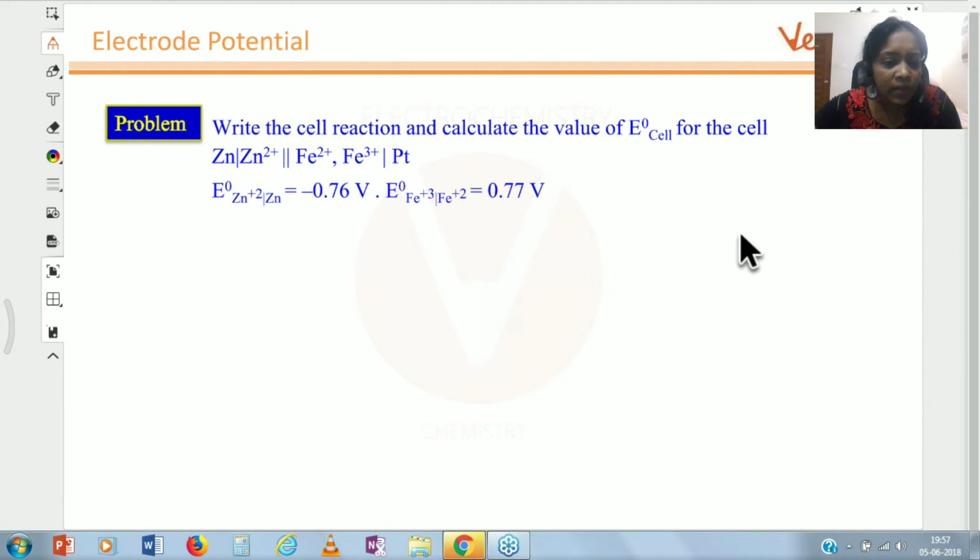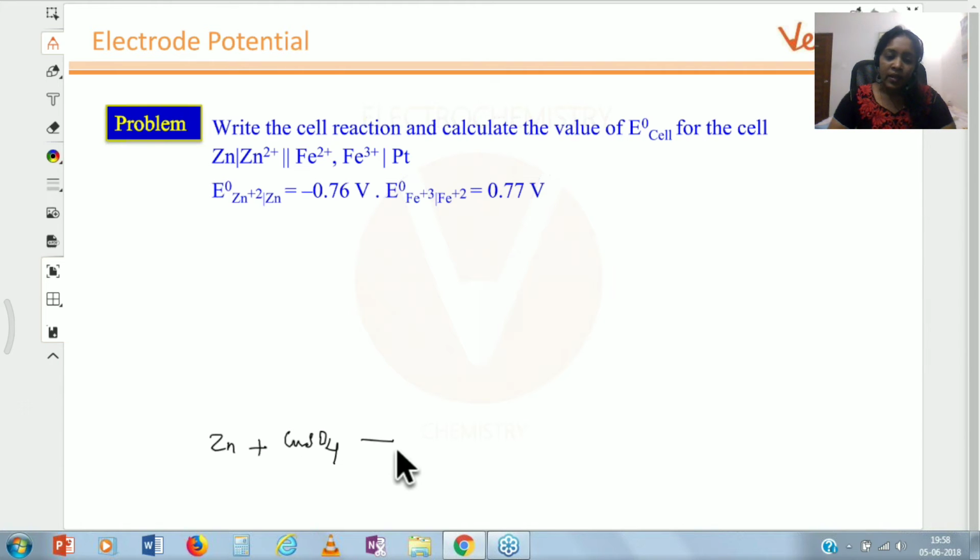Can we store copper sulfate solution in a zinc pot? Okay, that's a nice question. One of you has asked this. So the answer to that is no. We cannot. Why? Because zinc will actually react with the copper sulfate and displace copper out of the solution, forming zinc sulfate and copper.